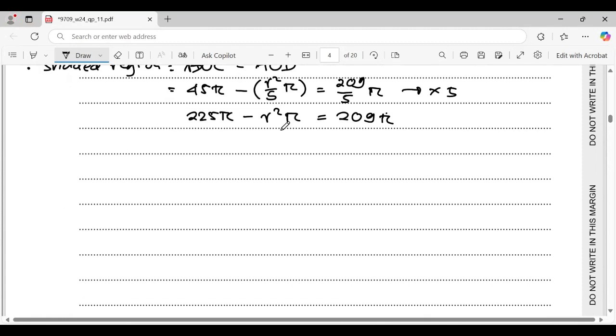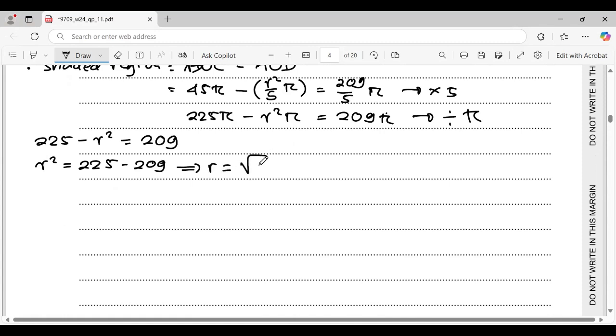After that, divide it by pi, left hand side and right hand side. So it's going to be 225 minus R squared equals 209. So R squared is 225 minus 209.